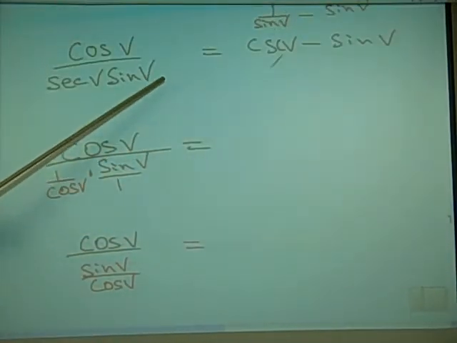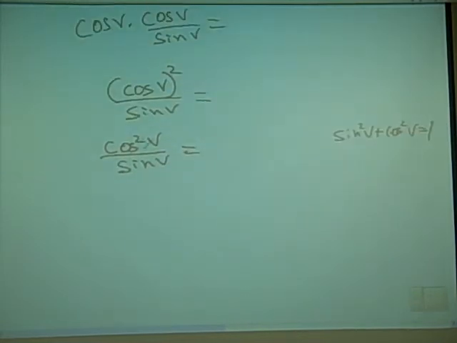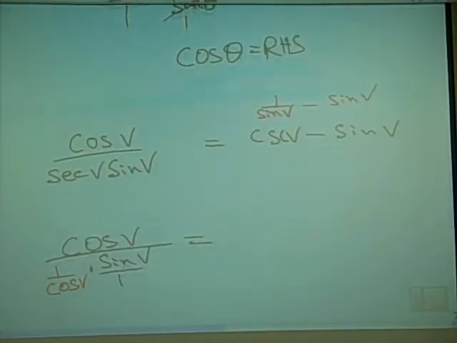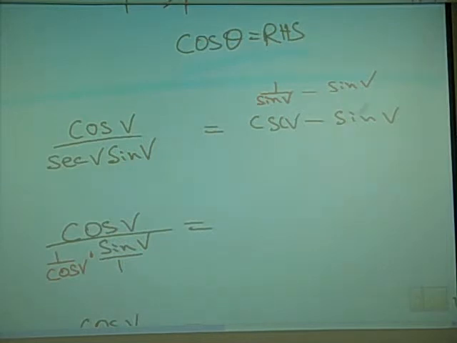We subtract sine squared v from both sides, and we've got cosine squared v equals 1 minus sine squared v. So we're going to change cosine squared v to 1 minus sine squared v, and we need to split it.